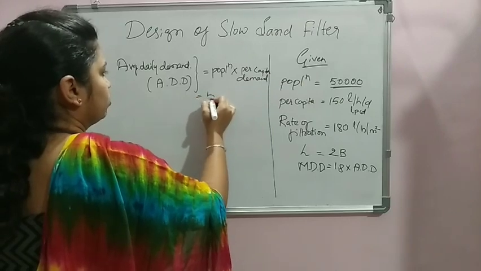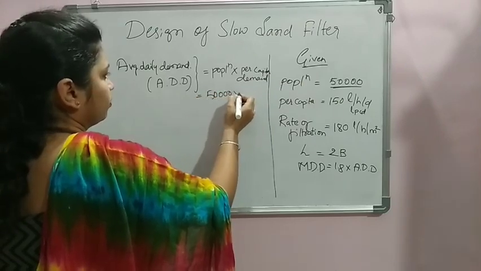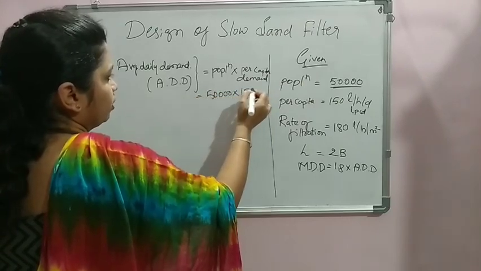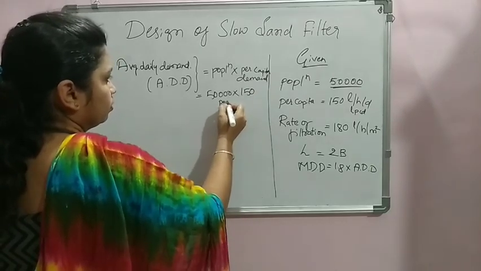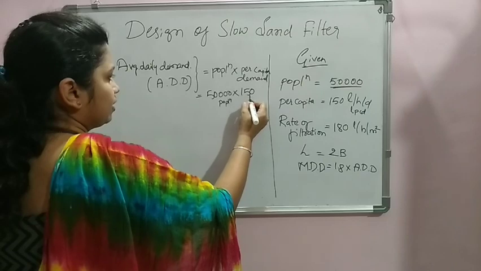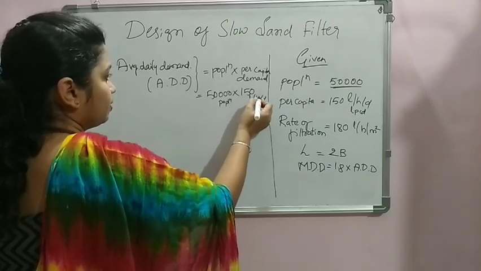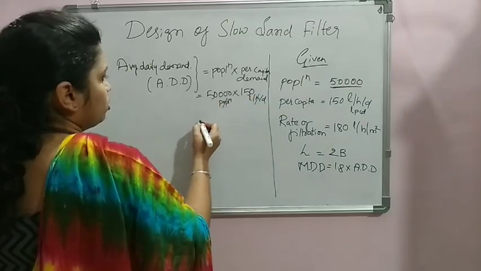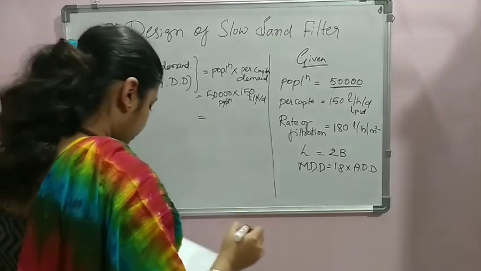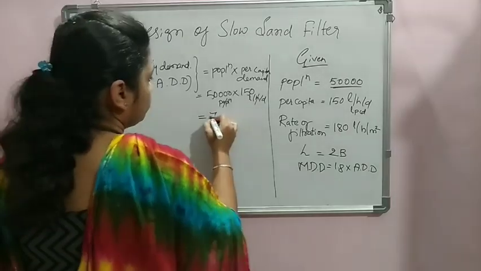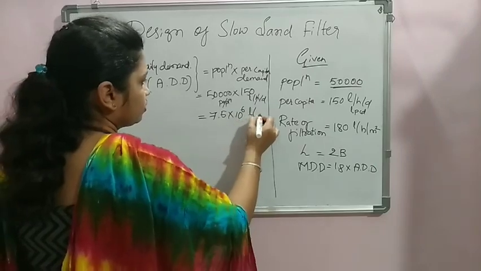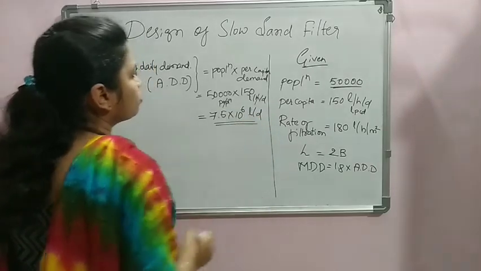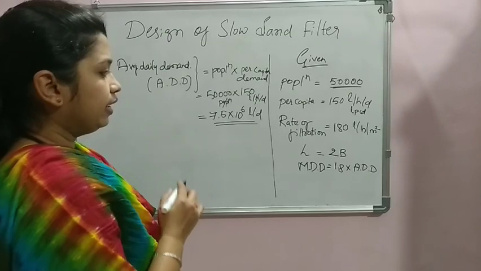So we have 50,000 into 150. Here the unit is liters per head per day, so head and the population cancel, and the answer comes out to be 7.5 into 10 raised to 6 liters per day. So this is the average daily demand.